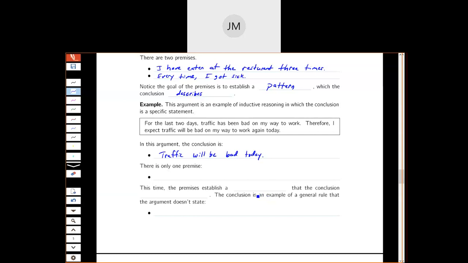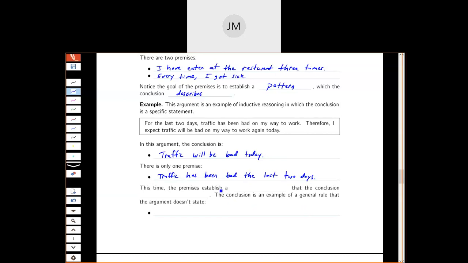We only have one premise here. It says for the last 2 days, traffic has been bad.